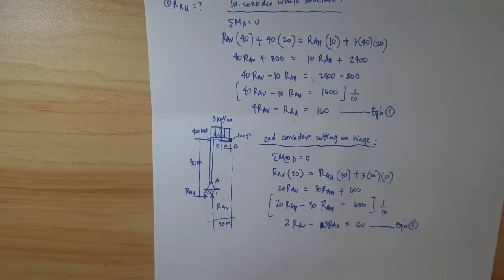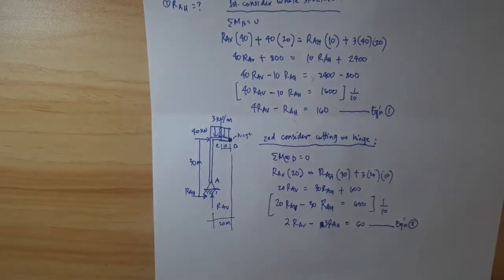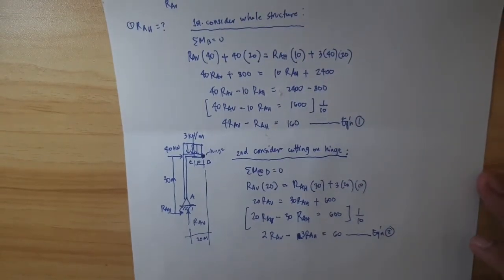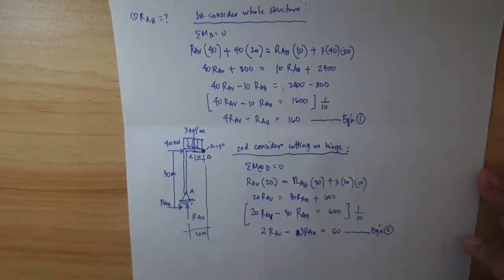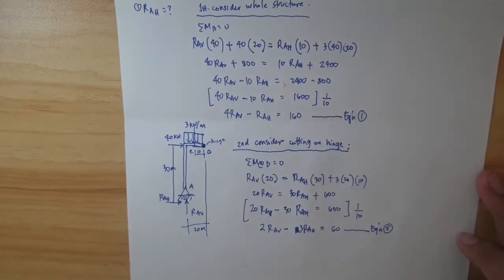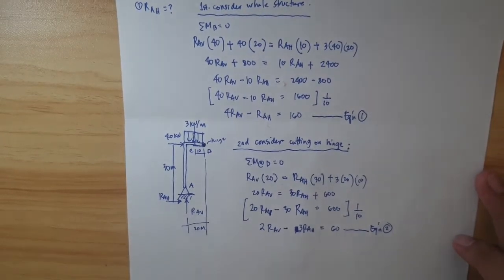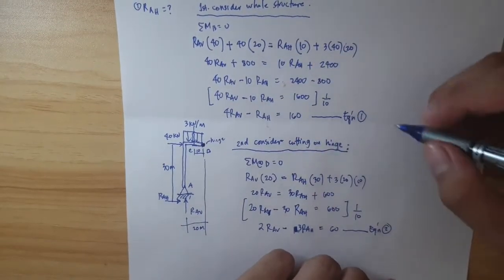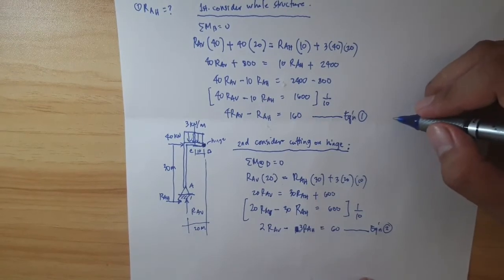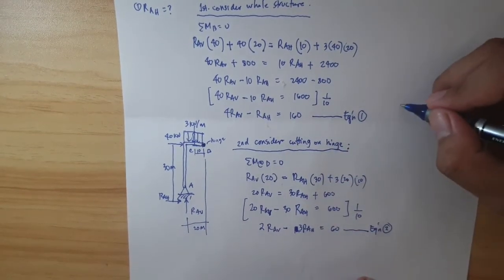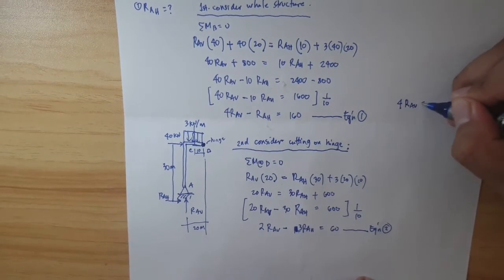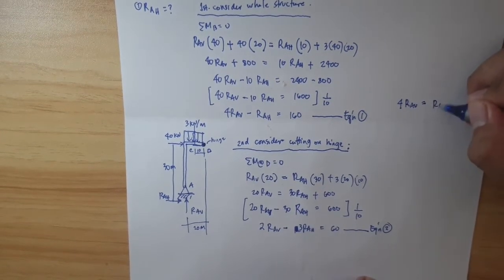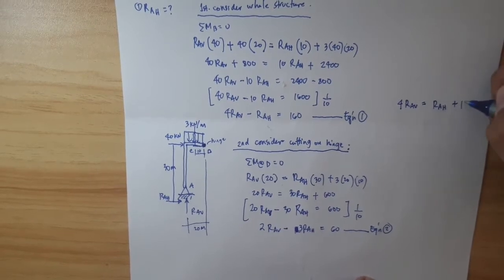Okay. Ang gipangita is RAH. So ang atong buhaton, isa sa mga equation, atong pagawa si RAH. So sample kani 4 RAV is equal to RAH plus 160.